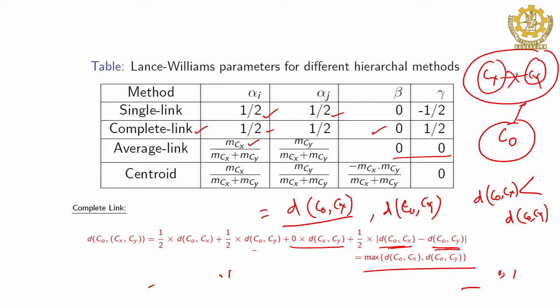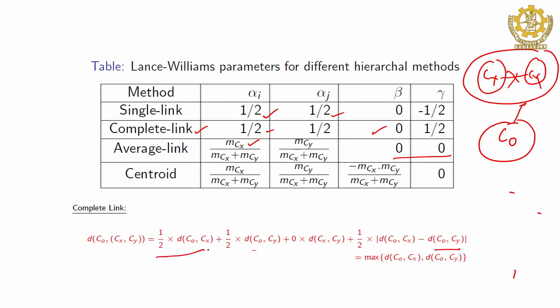Single we have already explained here. So, single linkage, what is that value? You can try here. Single linkage is half of the distance C0Cx plus half of the distance C0Cy, okay, and this value is 0 and this value is minus half. So, this value will be minus of this value.